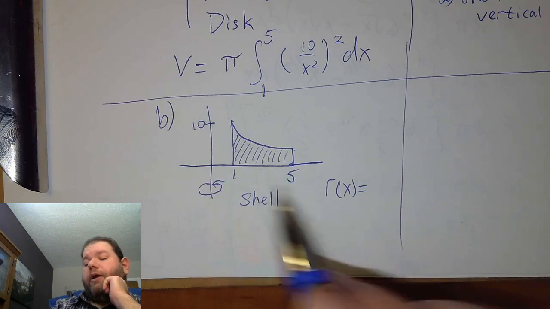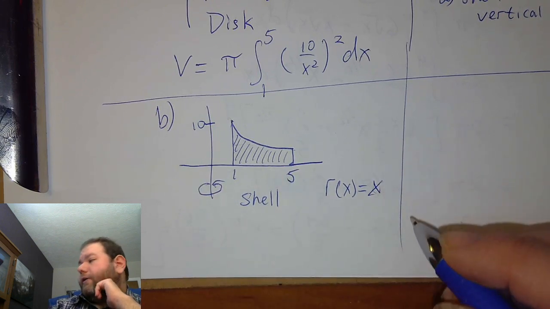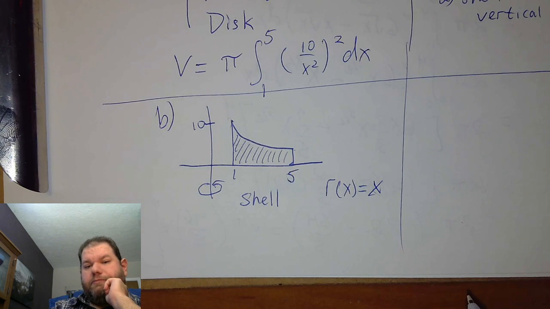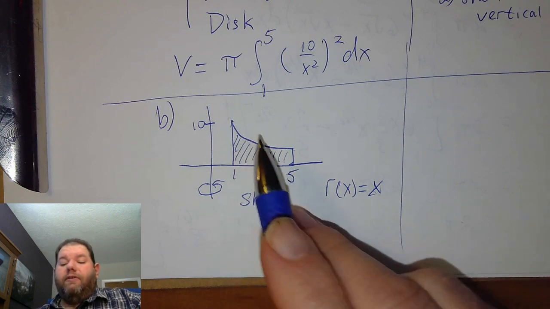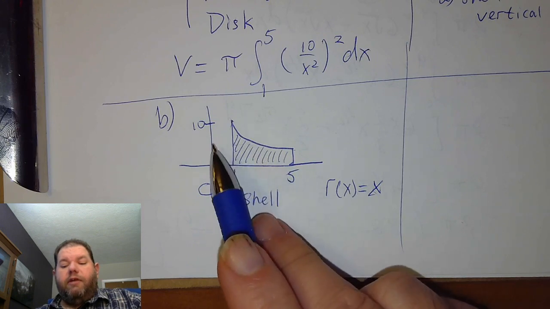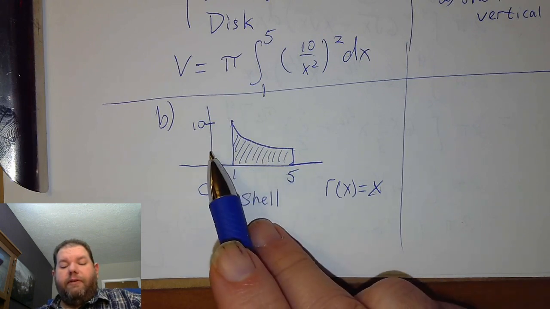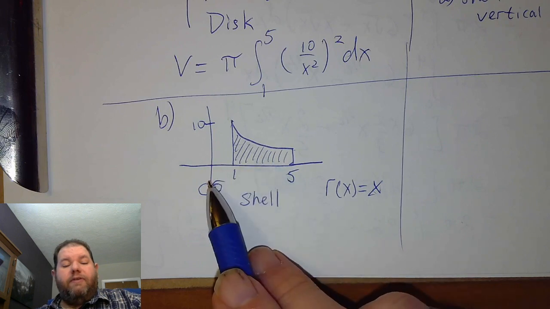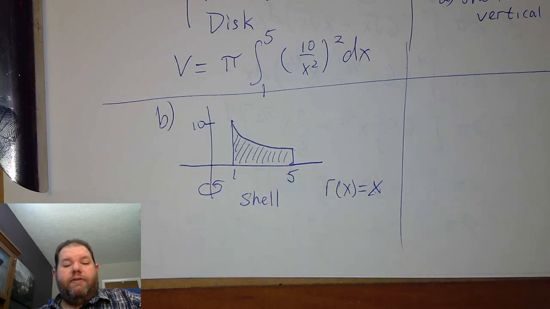But around the y-axis, the radius is always x. So the idea is that x represents the location of the shaded region, and we always take whatever's on the right minus the left. x minus an axis of 0 just gives us x.